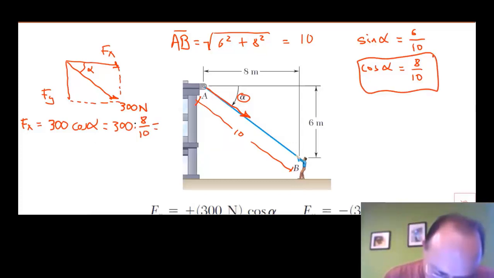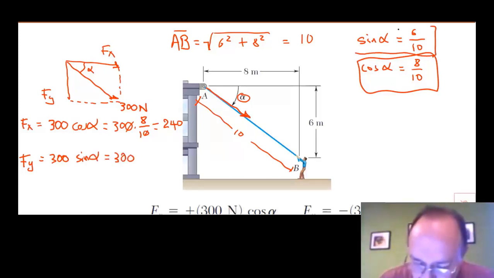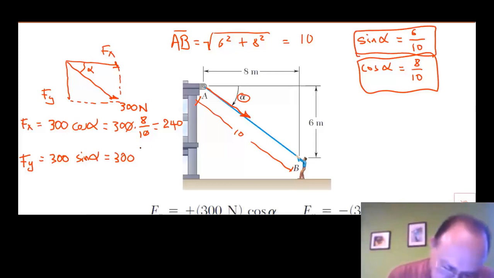So this is 3 times 8, which is 24, so 240. And Fy is equal to 300 sine alpha, and sine of alpha is 6 over 10. So this is 3 times 6, 18, so 180.